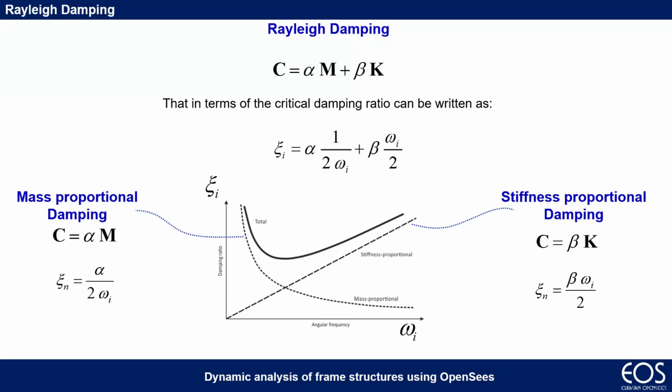It's linear. So you have this other term here, okay? What's the damping at the end? It's just the sum. So it's this black curve here in the plot, okay? This is just the sum of alpha m and beta k, as a function of the frequency of the structure.